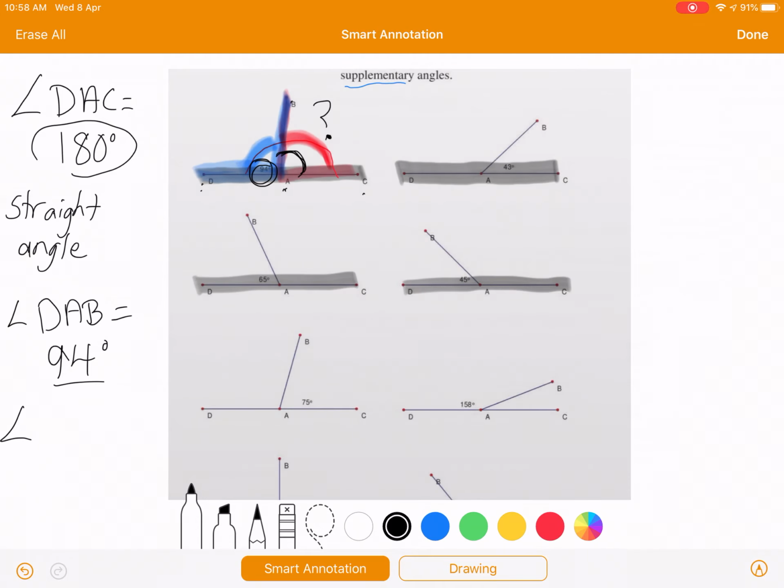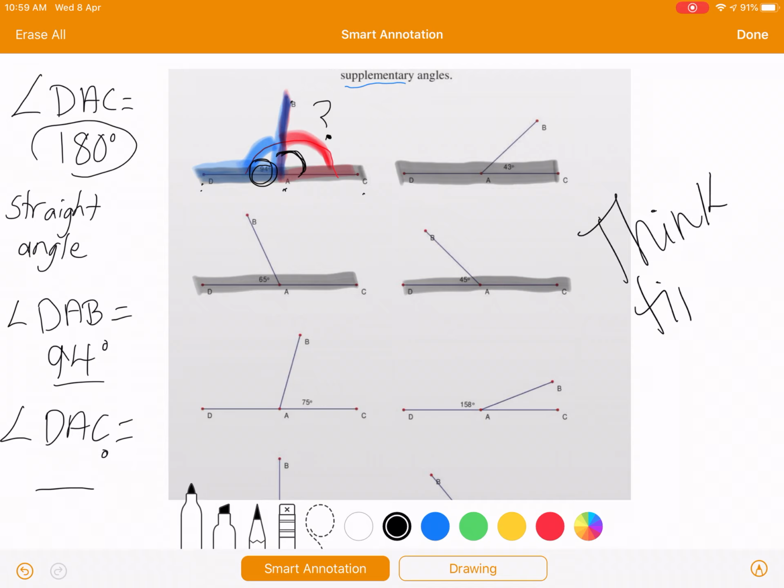So that's our task, to figure out the angle equals blank degrees. Now I want you to think. I'm going to give you about 30 seconds of think time right now. I want you to think about how we could figure out this angle. And if you know, you can go ahead and solve.